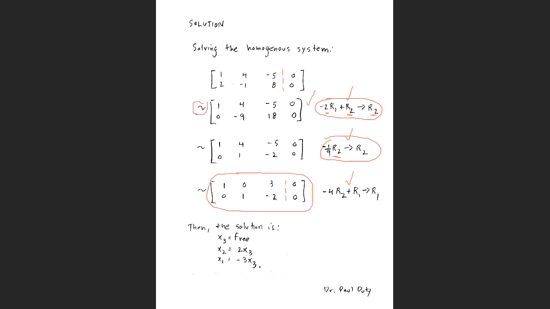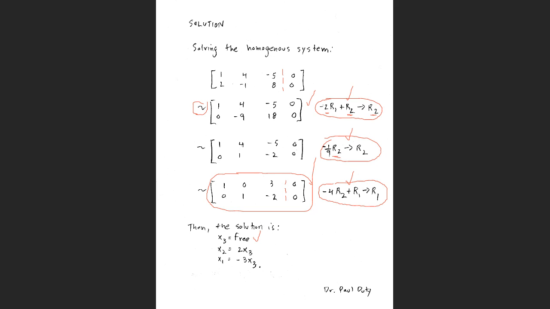And then finally, to get the augmented matrix in reduced echelon form, I took the second equation times -4, added it to the first equation, and replaced the first equation with that result. And so here's the solution. We have a free variable, right?